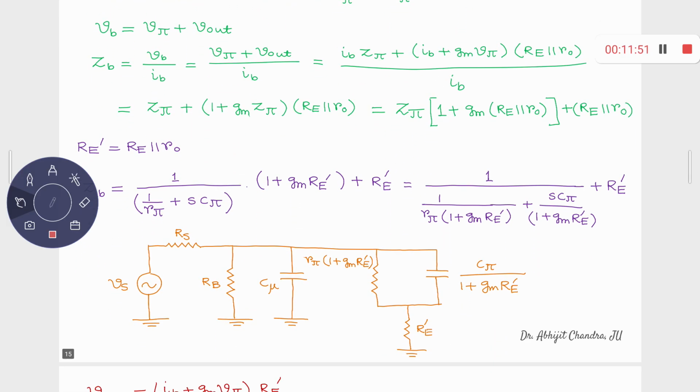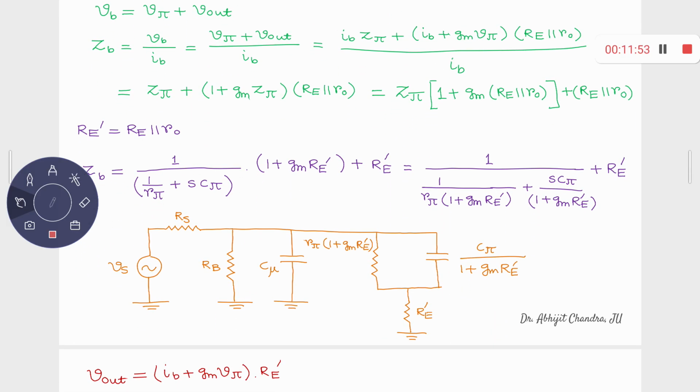Now check whether this is justified or not. What I have told you is this: R pi into 1 plus gm Re prime is basically one resistance, and this is another, 1 plus gm Re prime by s C pi. These two are added, 1 upon this plus 1 upon this, they are added. That means they are in parallel, and this entire thing is in series with another resistance.